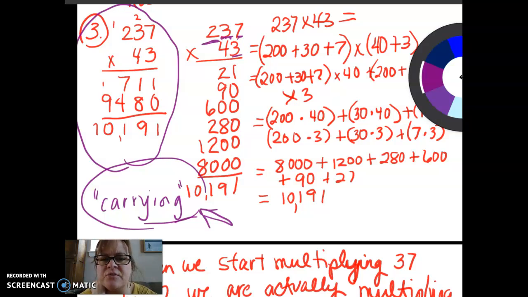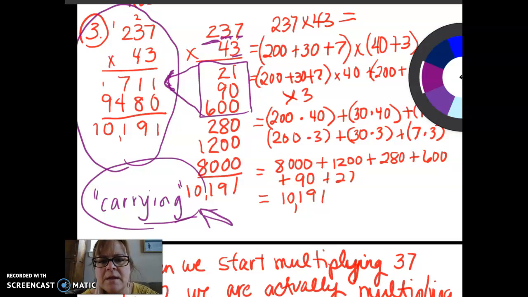Then we would do this 2 times that 3, but that's actually a 200 times 3 to get 600. So these 3 steps, the 600 plus the 90 plus the 21, are all combined right here into that first step in the standard algorithm. So they're disguised in there, but they're all together within the 711.